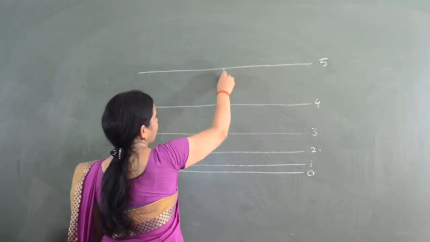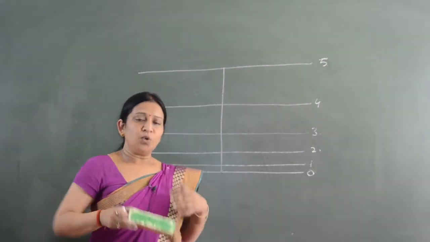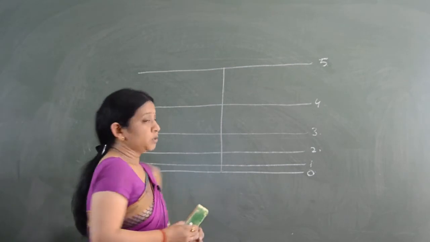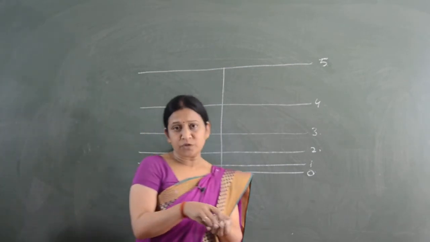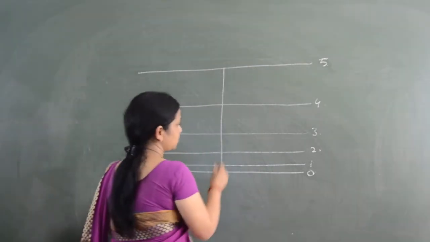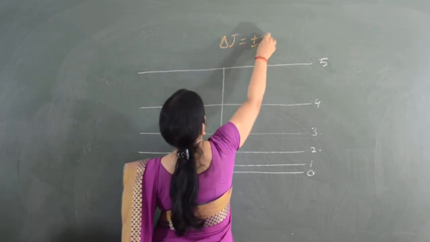I am drawing a line to represent Stokes and anti-Stokes lines within the same spectra. For delta J plus we will have Stokes lines, for delta J minus we are going to have anti-Stokes lines. The transition is going to follow delta J equal to plus minus 2.